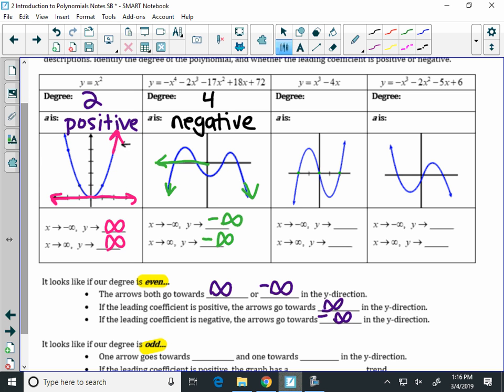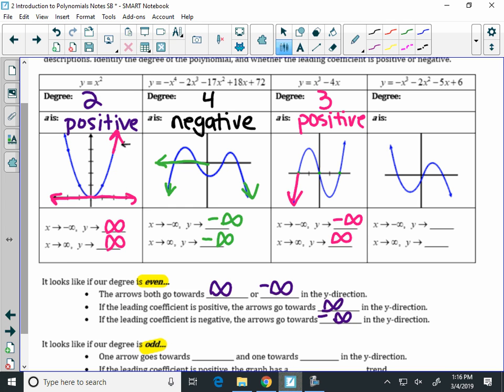Okay. Now the last two. What's the degree of the third graph? 3. So what is the leading coefficient here? Positive 1. So it's a positive leading coefficient. Alright? So as I go to the left, as x goes to negative infinity, the y values go towards negative infinity. And as I go to the right, where are the y values going? Positive infinity.